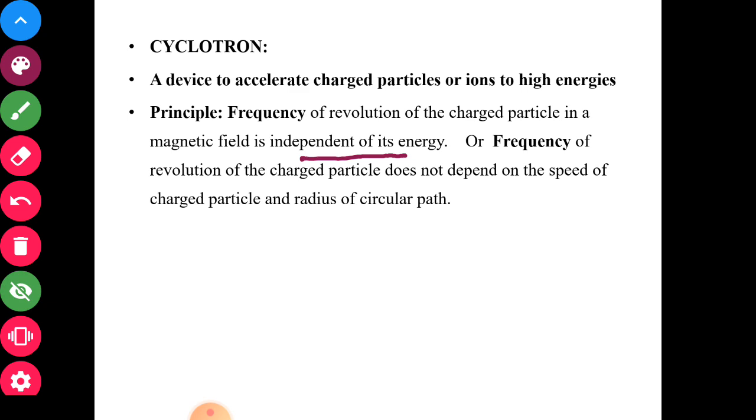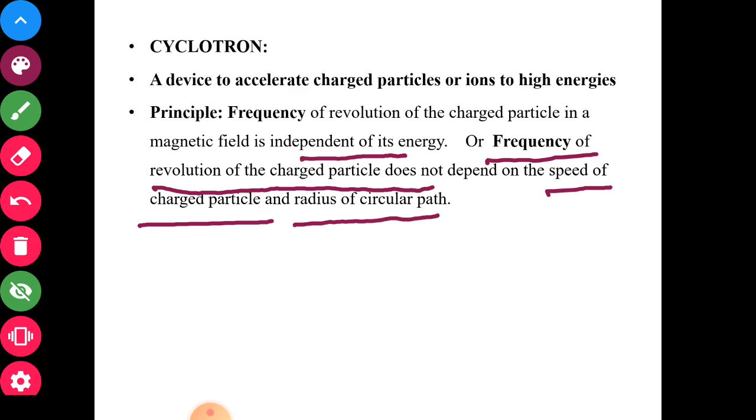How is it not dependent? That we shall further study whenever the topic proceeds. Or we can say frequency of the revolution of the charged particle does not depend on the speed of the charged particle and radius of the circular path of this charged particle.